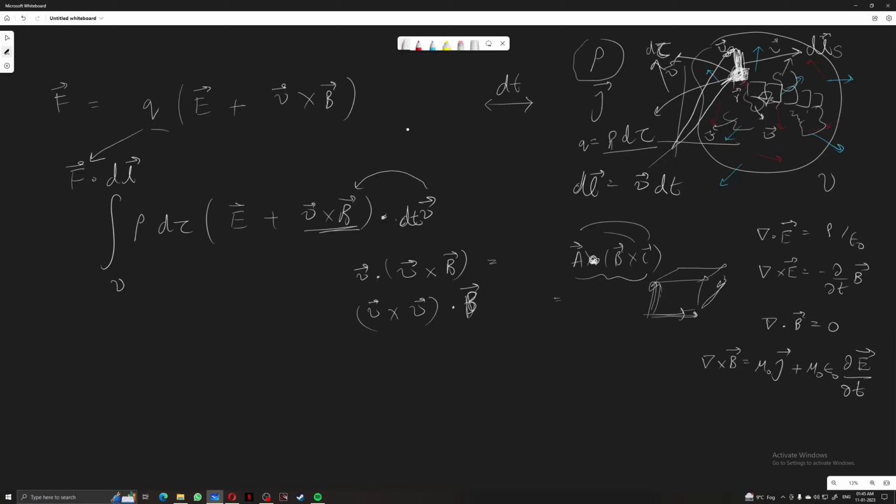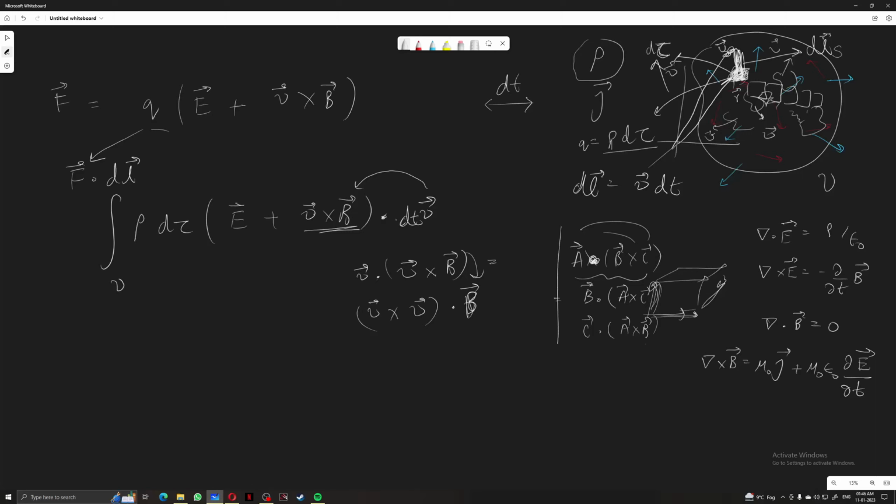It's just a matter of labeling things. So a dot b cross c, b dot c cross a, and similarly the third one, c dot a cross b, all of them are equal. These are not vectors, these are scalar quantities, and the value of the scalar is the same for all these three. Therefore, I can do this substitution.